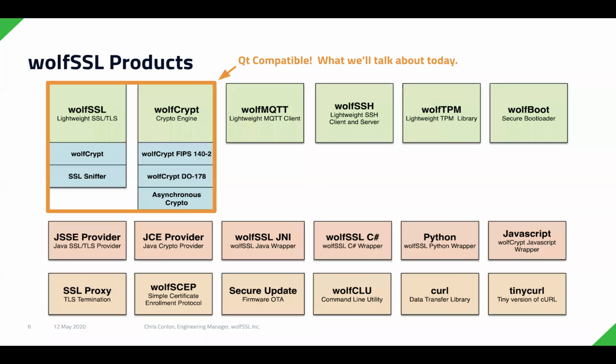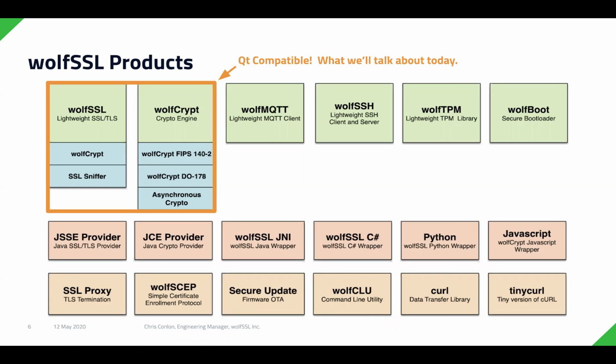We also have a version that can be used on the server side with accelerator cards for TLS, like Cavium Nitrox or Intel QuickAssist, for example. We have an MQTT client library, an SSH client and server implementation, a TPM 2.0 library, and our newest product this last year is a secure bootloader called wolfBoot.